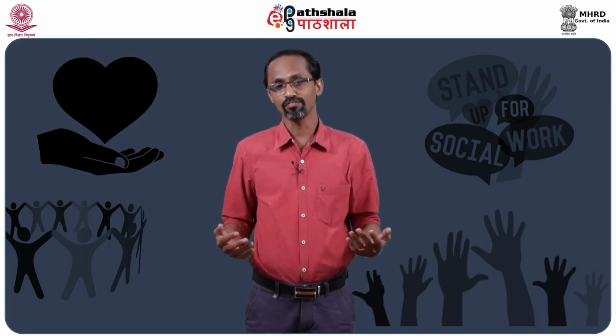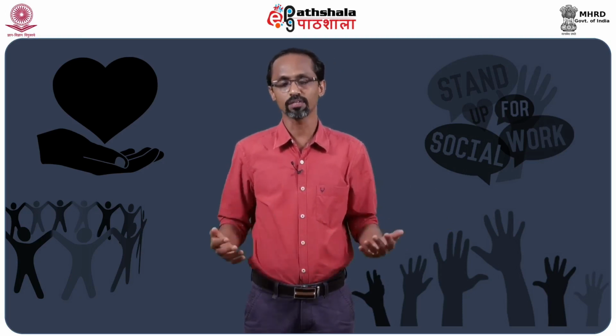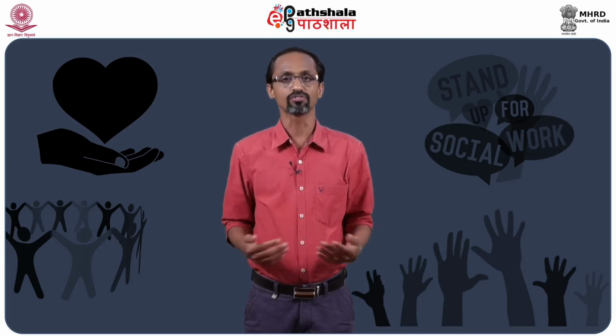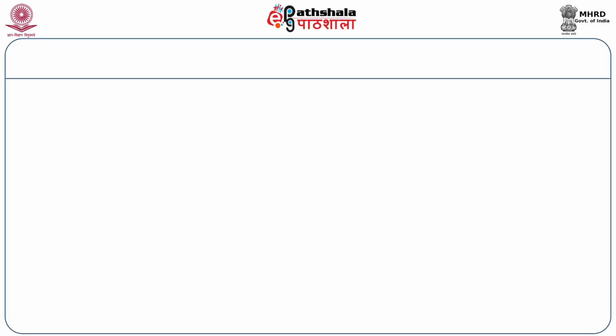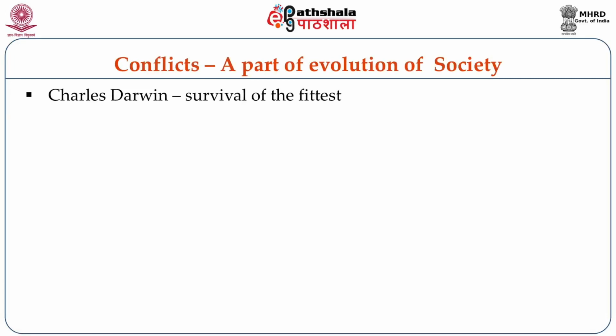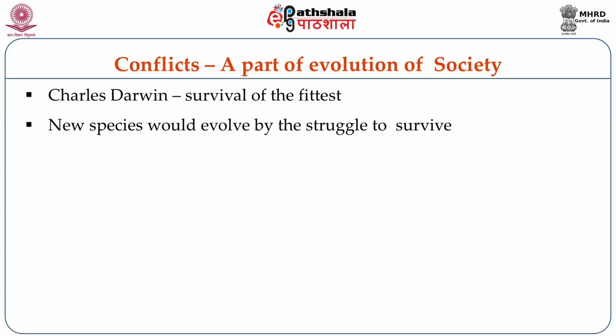Now, is conflict a modern phenomenon? Not really. Since evolution, we could see the idea of conflict, and actually conflict is driving the process of evolution itself. If you look at Charles Darwin's survival of the fittest theory, it essentially talks about the kind of conflict or struggle which happens across different species, and only the fittest species will survive.